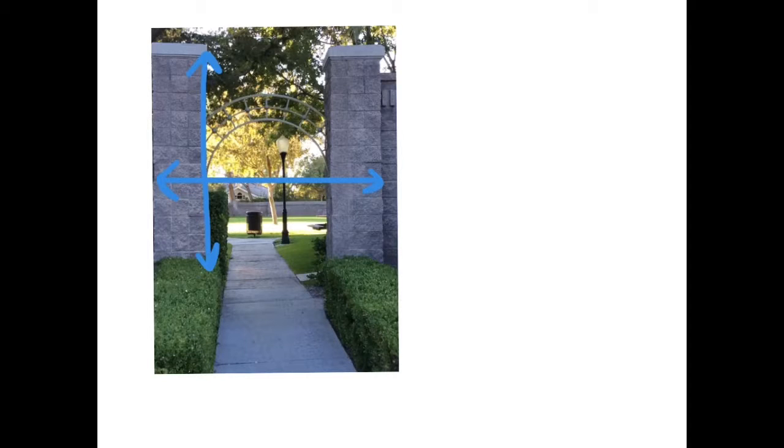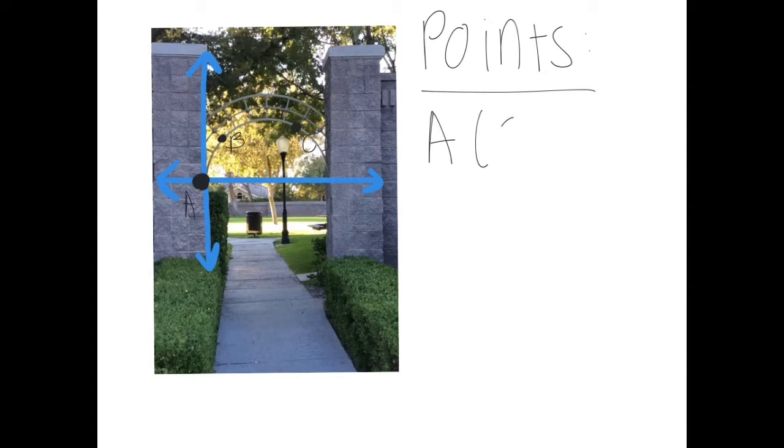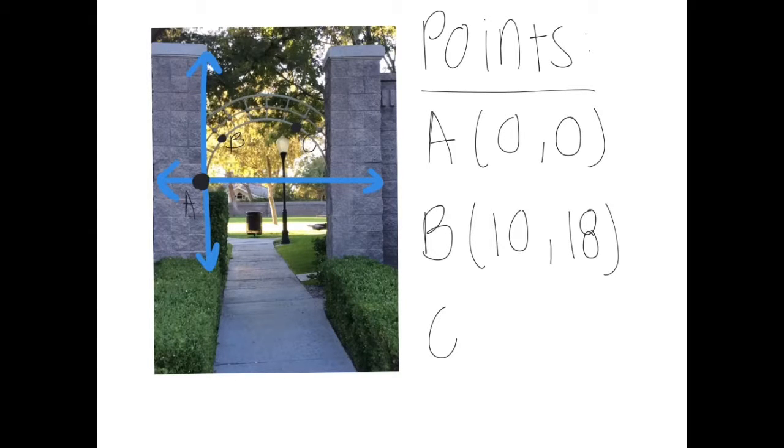Our first point is 0, 0, and then 2 other points that we're going to use to find the quadratic equation of this parabola: point A, B, and C. Point A is 0, 0, point B is 10, 18, and point C is 48, 24.